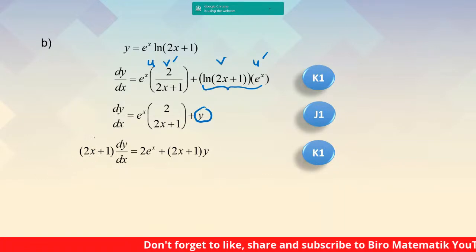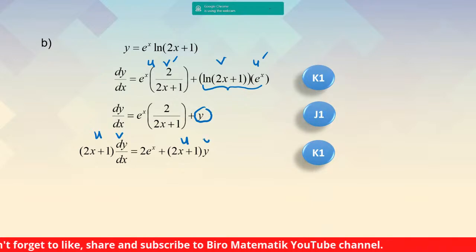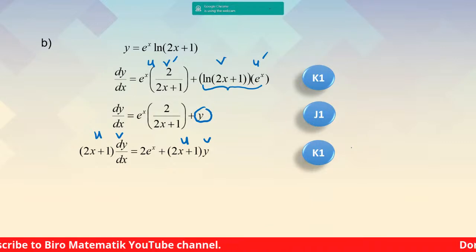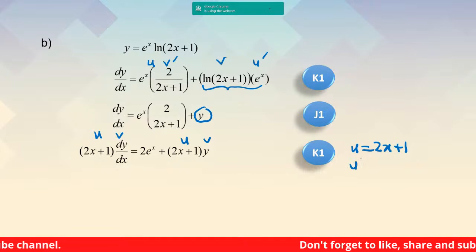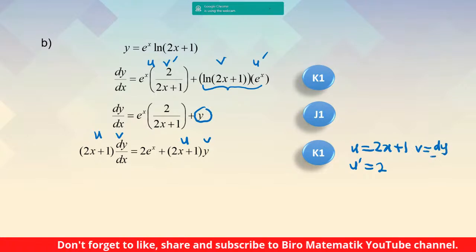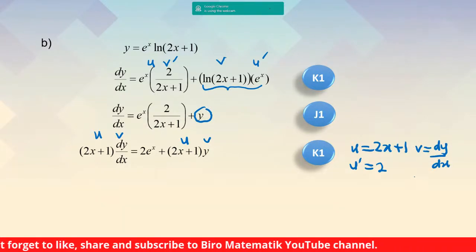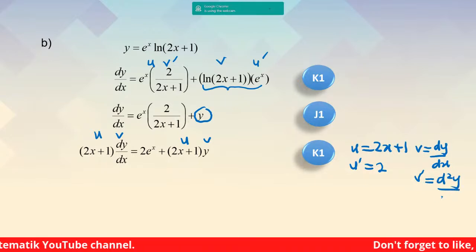Okay, this one is u v. So u is 2x plus 1, u prime, differentiate u, is 2, and then v is dy over dx, v prime, differentiate the first derivative, is the second derivative, d squared y over dx squared.